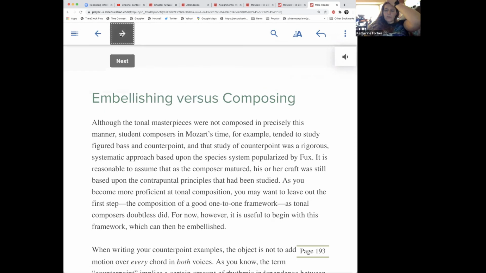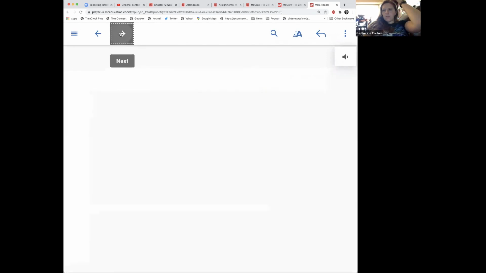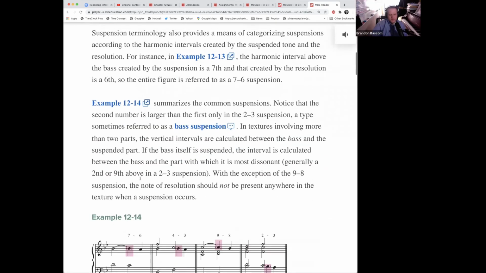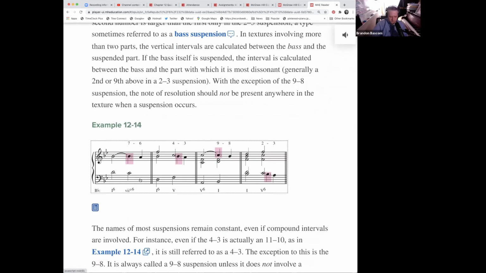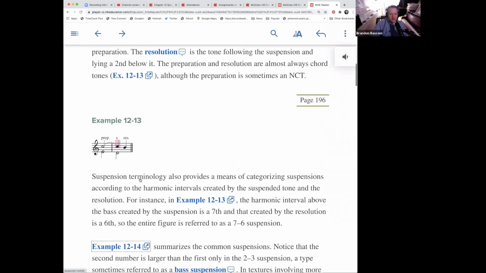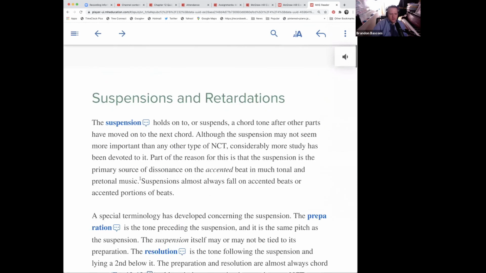We need to go over the 4-3 suspension. Remember that in order to be a suspension, you have to be approaching with the same note, right? Because a suspension holds on to or suspends a chord tone after other parts have moved on to the next chord.